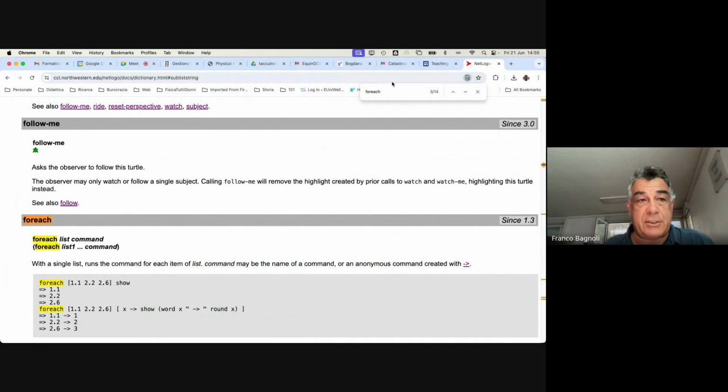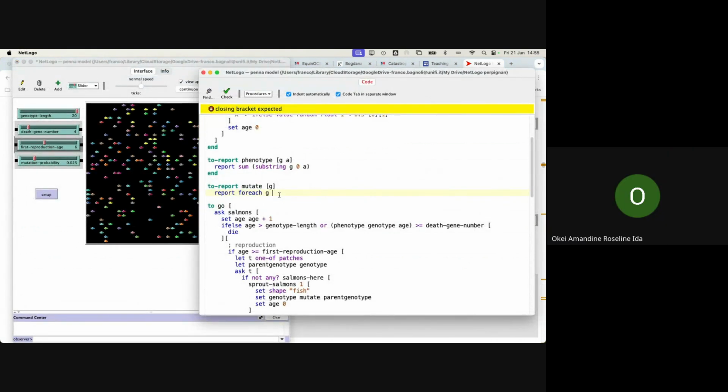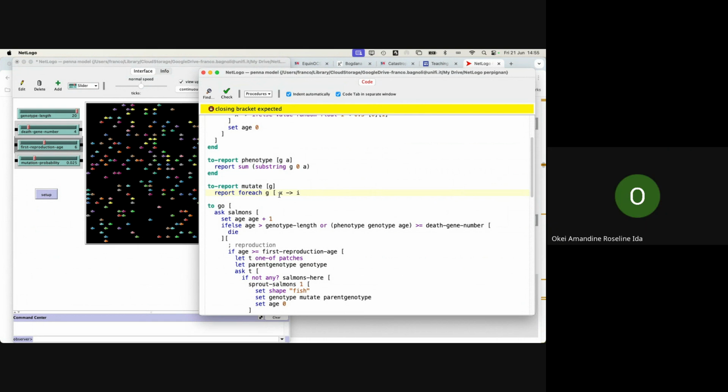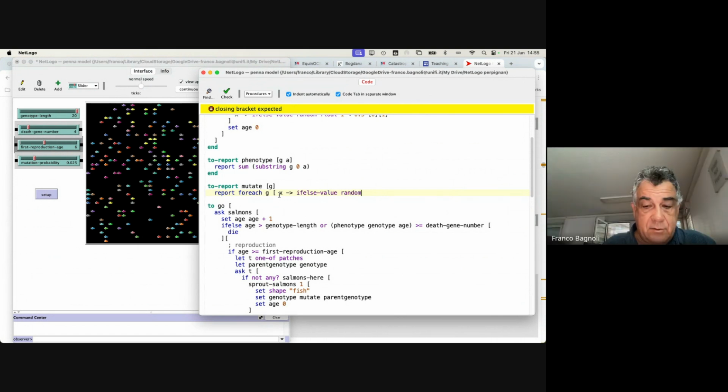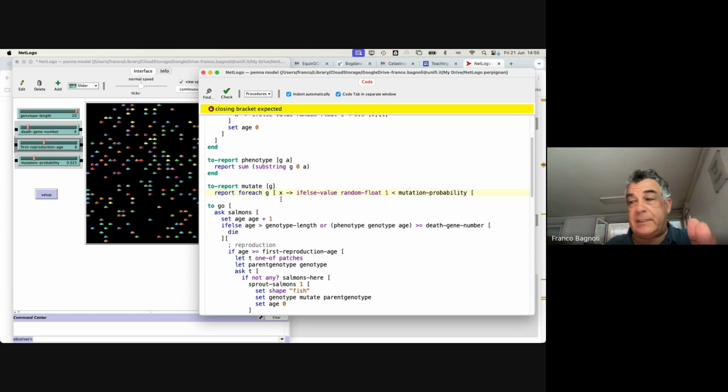So for each G, then X in if else, value random float 1 less than mutation probability. So it's per gene.